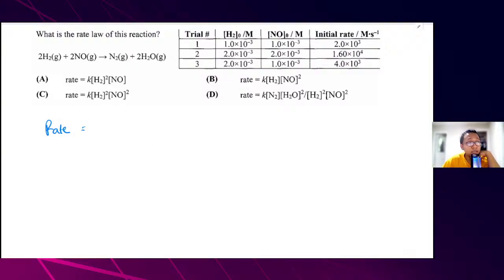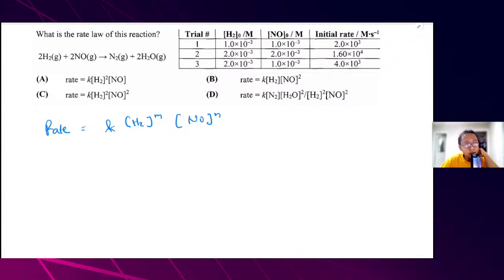So the rate is k, the general equation is k times [H2] to the m times [NO] to the n. Okay, this is the rate law.